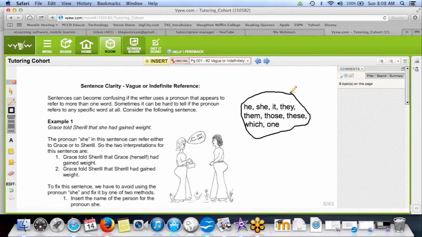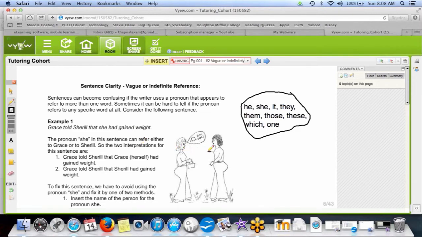Now, there's nothing wrong with these pronouns. It's just that if you write a sentence that has more than one person or thing that it can refer to, it becomes unclear, and then it's going to be a problem. So let me do this by illustration, okay? So here I have two women, and their names are Grace and Cheryl. So here's a sentence. Grace told Cheryl that she had gained weight. Well, this presents a problem because since they're both female, I don't know who's telling who what.